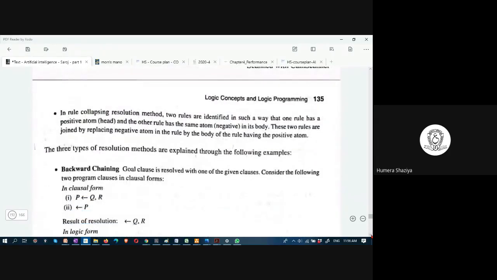In rule collapsing resolution method, two rules are identified in such a way that one rule has a positive item, another rule has a negative item. Whenever there is a rule collapsing, that would be eliminated. Like this is not mother, comma, mother. We have got one positive and one negative.